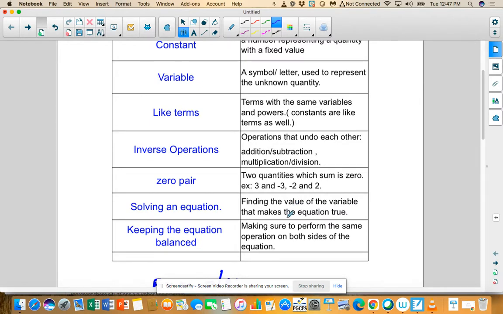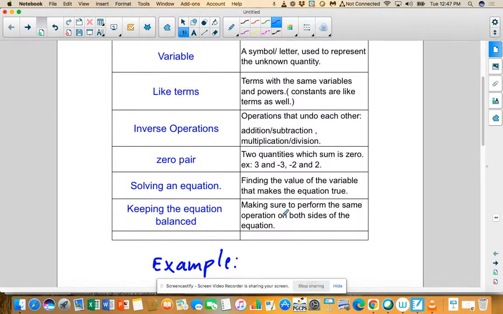Now, keeping the equation balanced simply means that anything you do on one side of an equation, whether it's addition, subtraction, multiplication, or division, you have to do the same thing on the other side to keep it balanced.